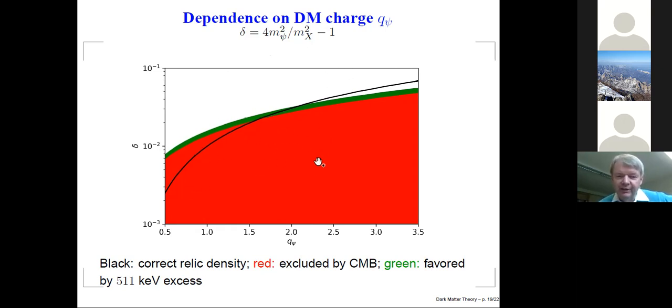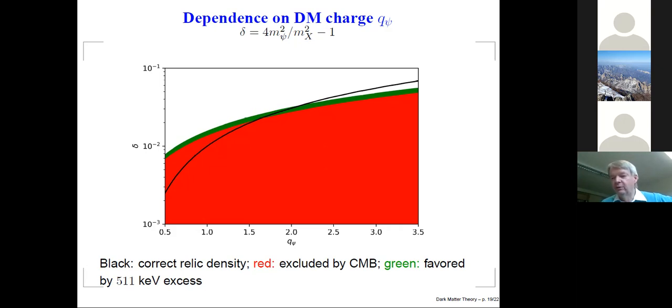Now this red region is again excluded, in this case by the CMB constraint. The green is where you can make a significant contribution to the 511 keV photon flux. And the slopes of the red and green are basically the same because that is all at times where the kinetic energy is negligible relative to the mass splitting.